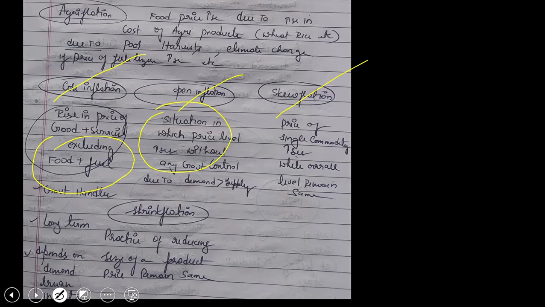What is skewflation? Here, the price of a single commodity increases while the overall level remains the same. For example, imagine a car production.